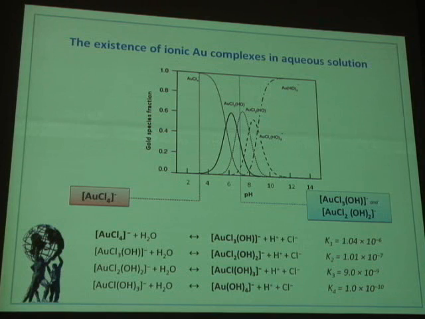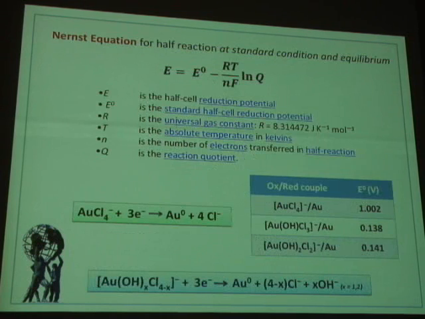At pH 3.4, we have gold chloro complexes, and at higher pH we get gold chloro hydroxo complexes. Based on this equation, we can calculate the standard potential for each redox couple, and the decrease in standard potential means that gold can be reduced more easily in the chloro complexes.